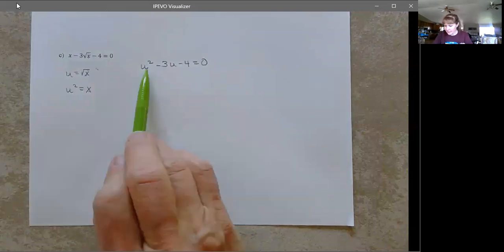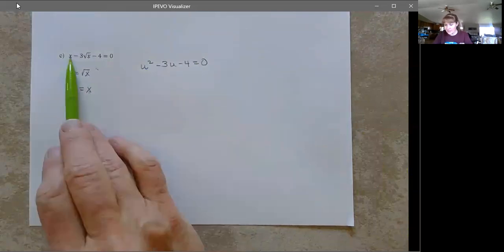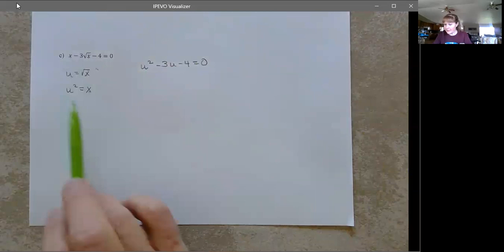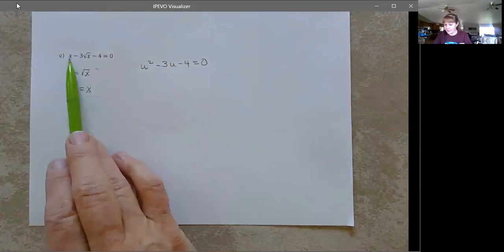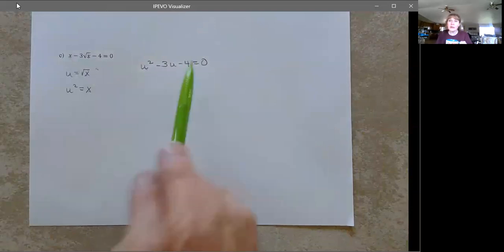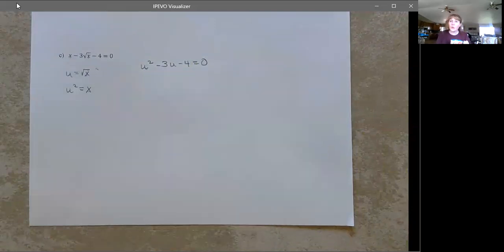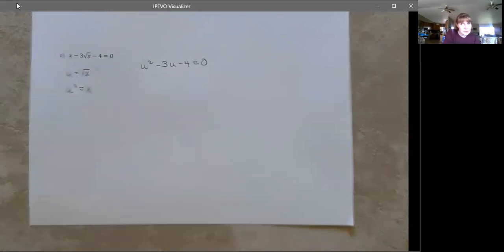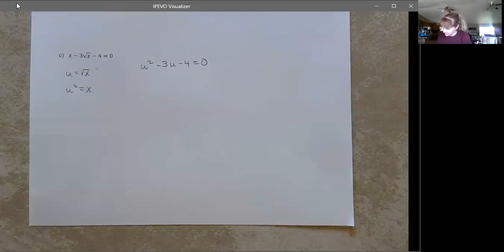This worked because that was an x there; if that had been an x cubed, it wouldn't have worked. But because it was an x, we ended up with a quadratic that we could factor, or a quadratic where you could use the quadratic formula. For our purposes, I'm going to leave it so that you can factor them.